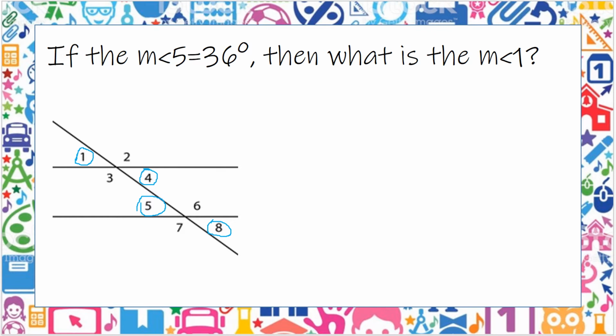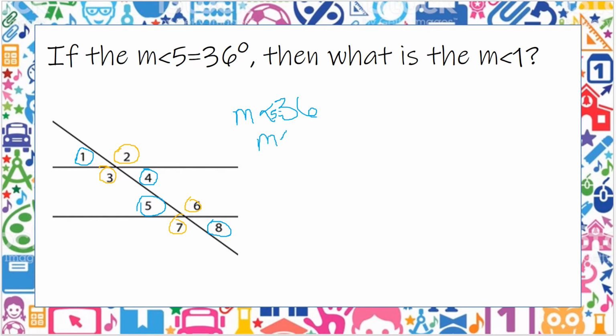So now I'm going to change to orange. Angle 2 and angle 3 are vertical angles, and angle 6 and angle 7 are vertical angles. Angle 2 and angle 6 are corresponding. Now I can look at the problem they give me. Angle 5, which is blue, the measure of angle 5 is 36 degrees.